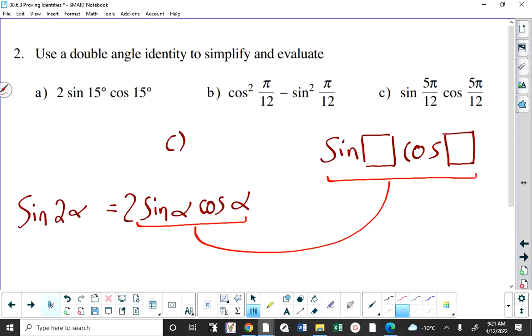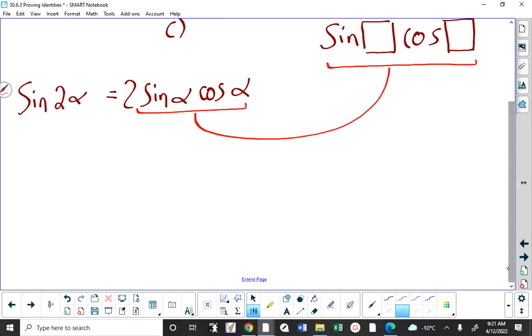And what I'm going to get is 1/2 sine of 2 alpha equals sine alpha cosine alpha. I better be careful today, I'm sloppy with my angles.